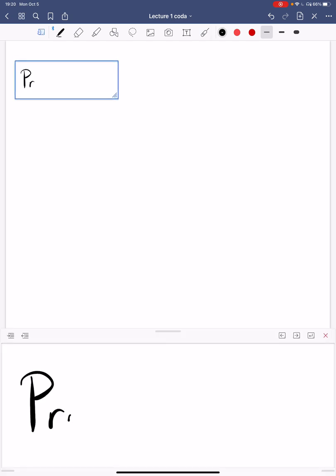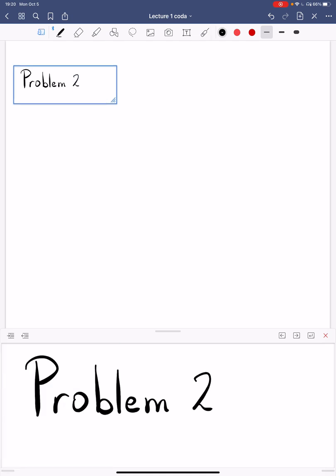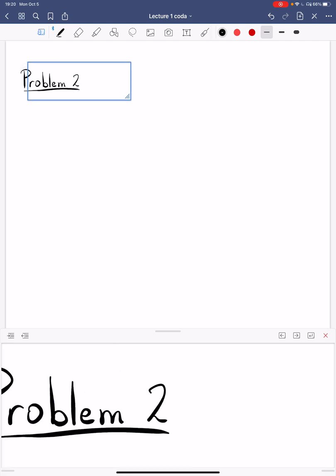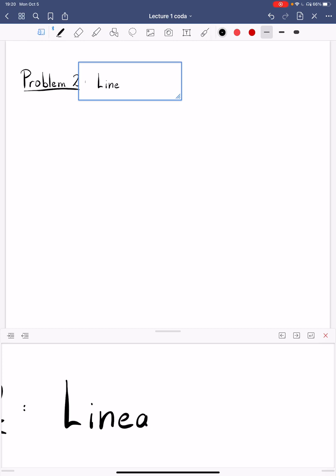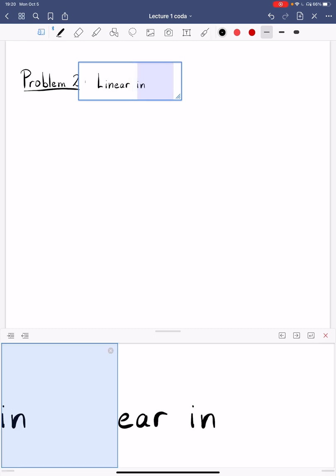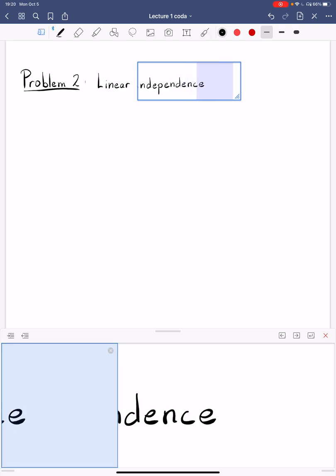So problem 2 was about linear independence. There's a good chance that when you first laid eyes on problem set 1 on Friday, you didn't know what linear dependence and independence meant, but now you do because you've read the lecture 1 post.